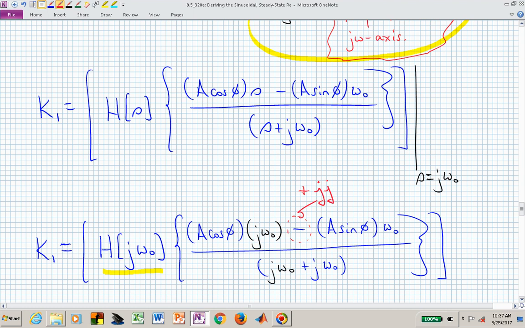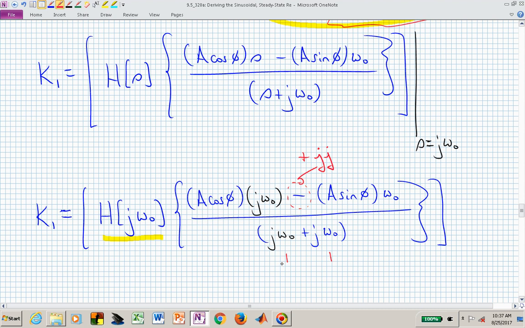And what do we now have? Well, we have one of these j omega naughts and another one of those in the denominator. So effectively, we have 2 times j omega naught downstairs. We have a j omega naught here.